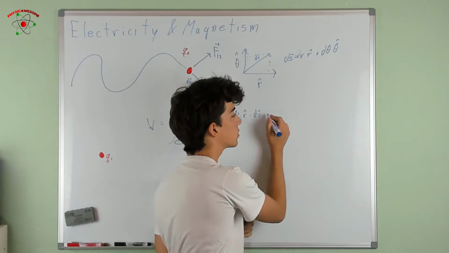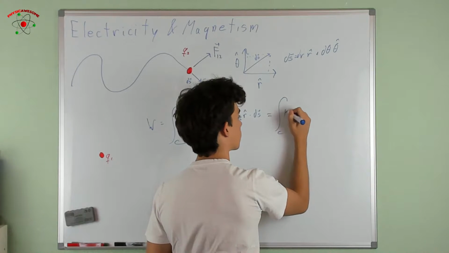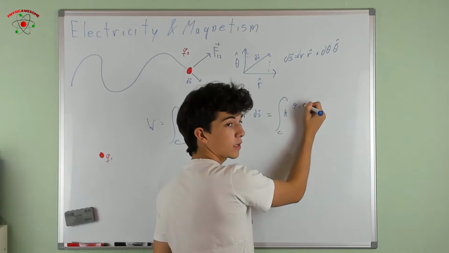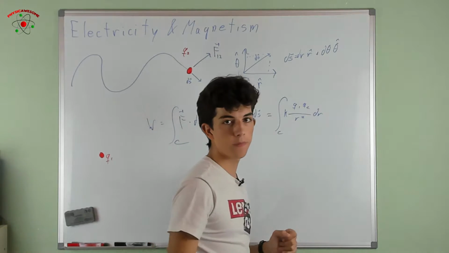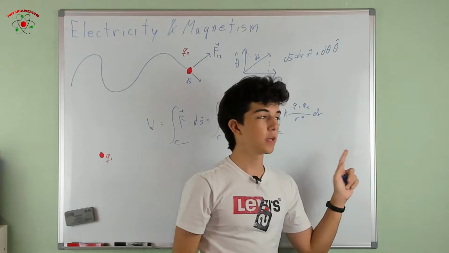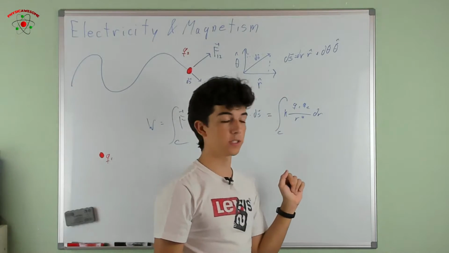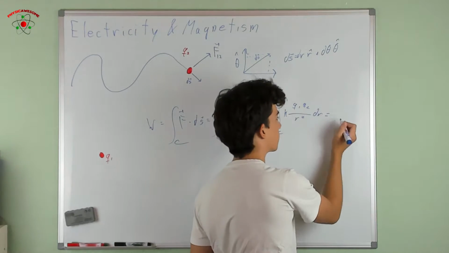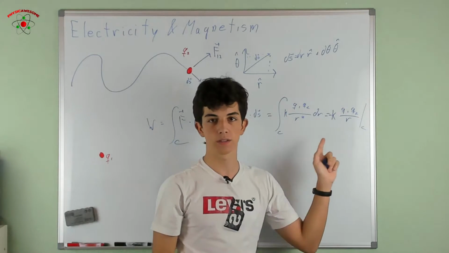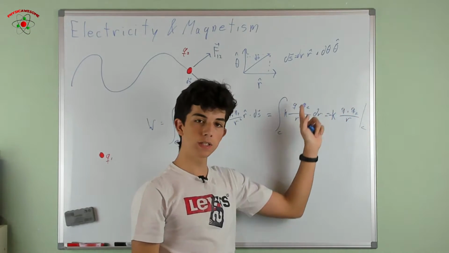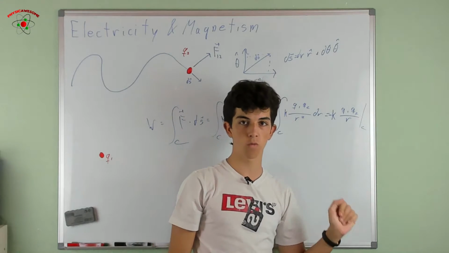Therefore, this is going to be equal to k q1 q2 over r squared dr. And now, if we solve this integral, we find, along the path, the solution for the work.